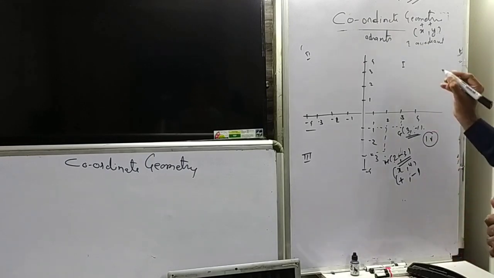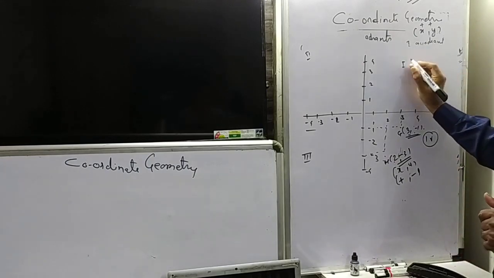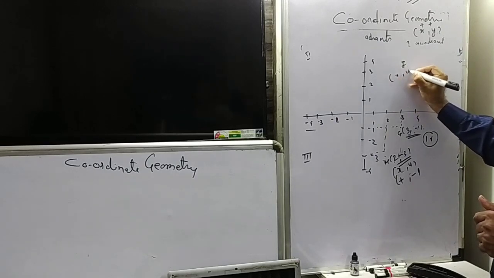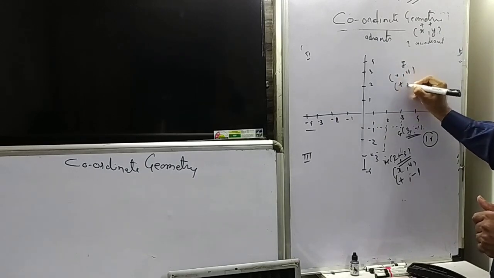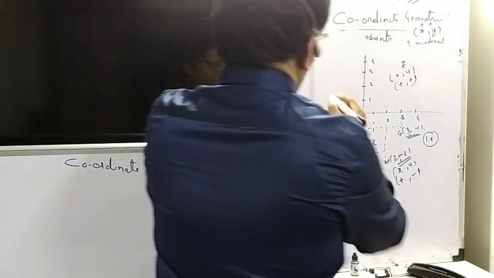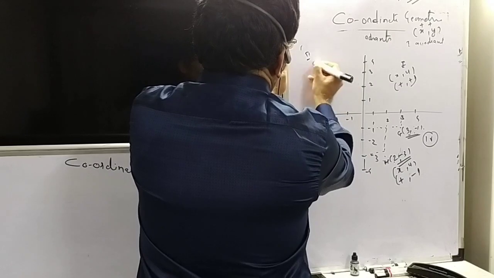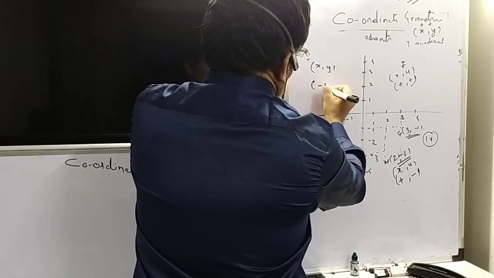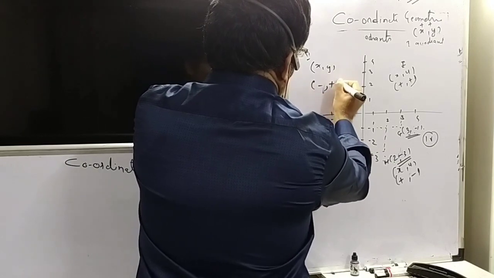Now let us see again. In the first quadrant, the x coordinate is positive and the y coordinate is positive. In the second quadrant, the x coordinate is negative and the y coordinate is positive.